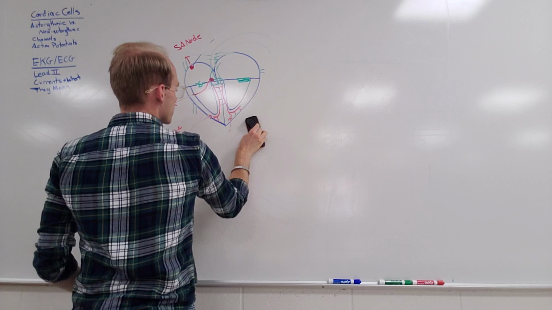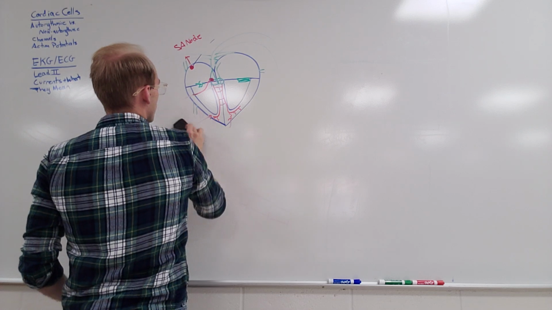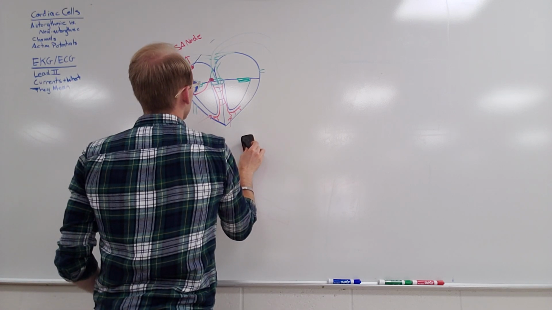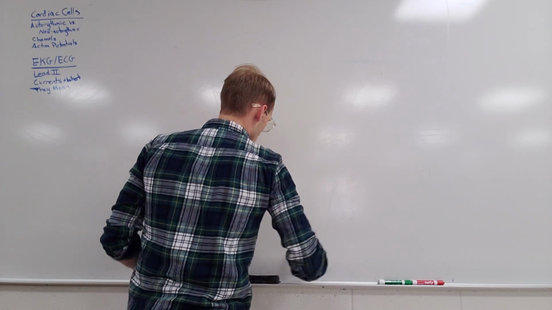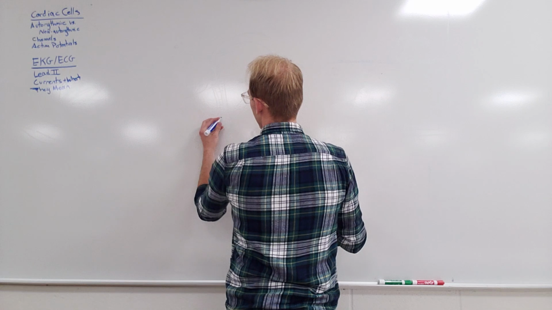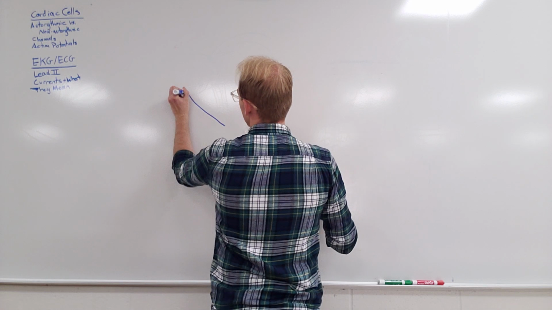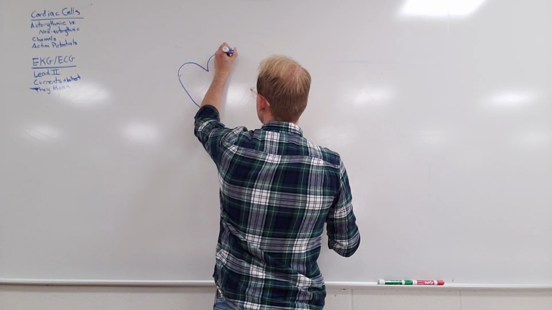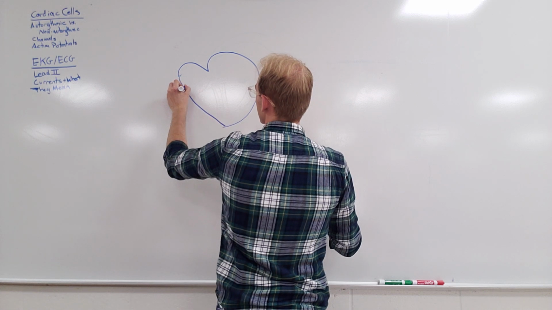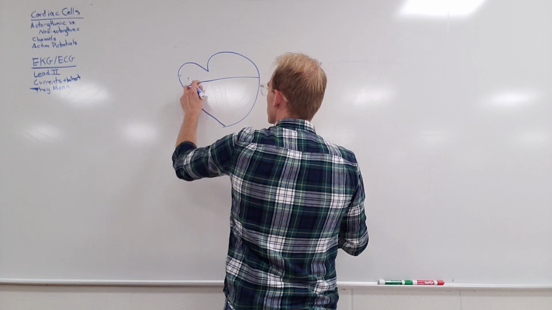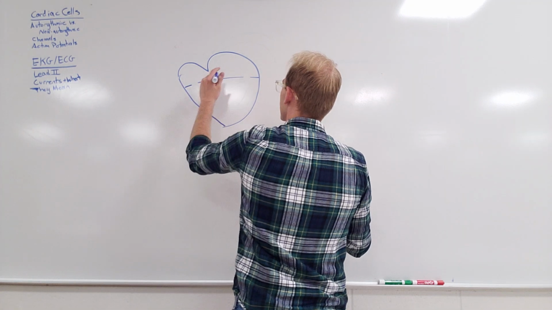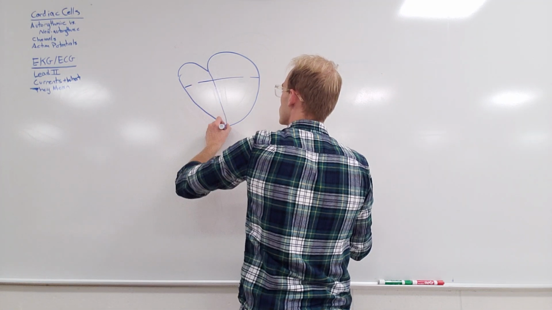I'm going to erase some of this stuff. I'm actually just going to erase my whole heart, and then I'm just going to redraw it. Okay, now we're going to talk about EKGs. We're going to draw that. Here's our tricuspid. Here's our bicuspid or mitral valve.